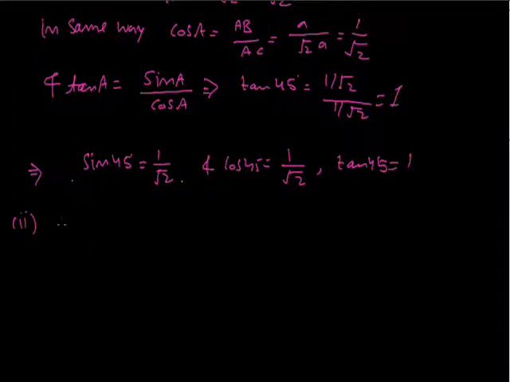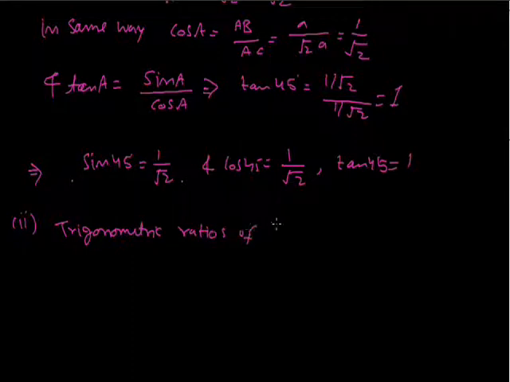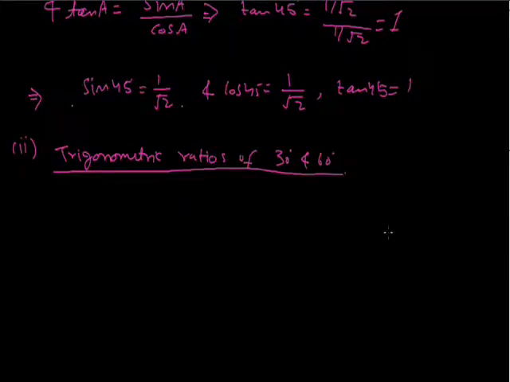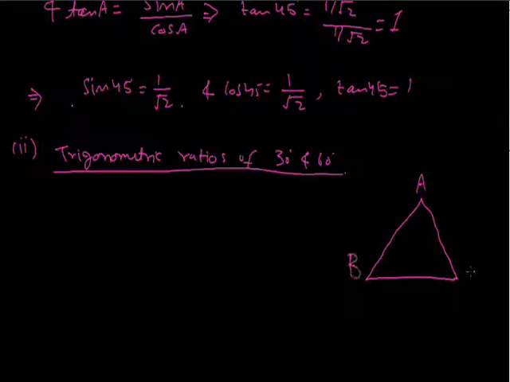Now trigonometric ratios of 30 degree and 60 degree. First we draw a triangle. We draw an equilateral triangle ABC.